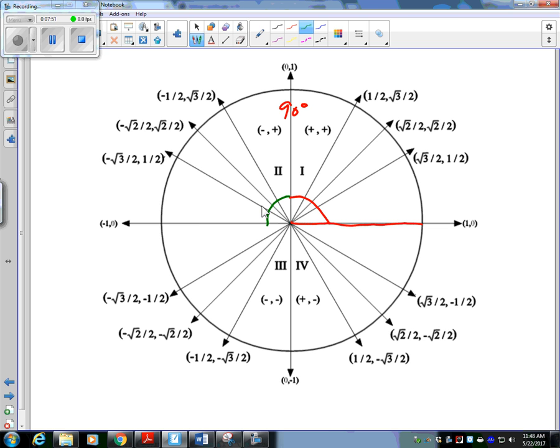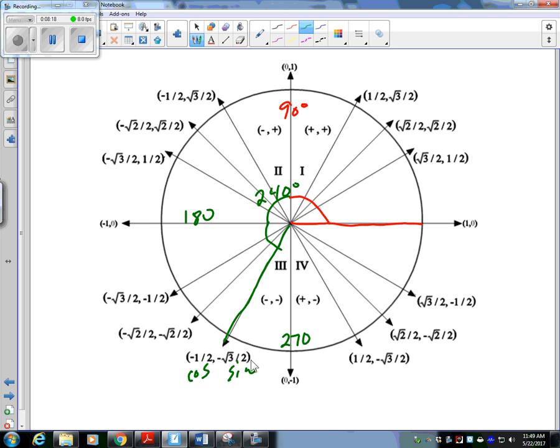We need 240. If we keep going, this is 270 here. 240 is just 30 degrees short of 270, so we're talking about this angle right here. So that is the angle we are talking about, 240 degrees. And so we look here, we have the cosine of this is negative 1/2, and the sine is the negative square root of 3 over 2.